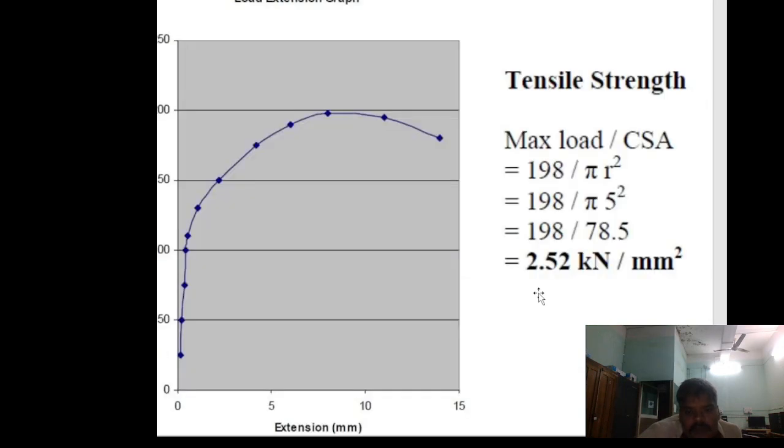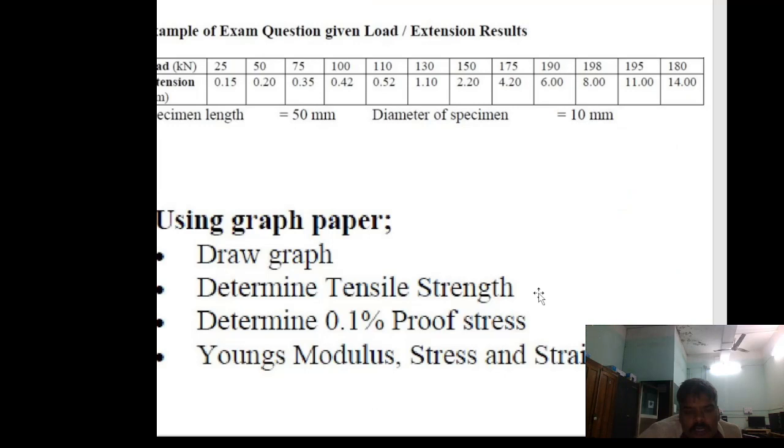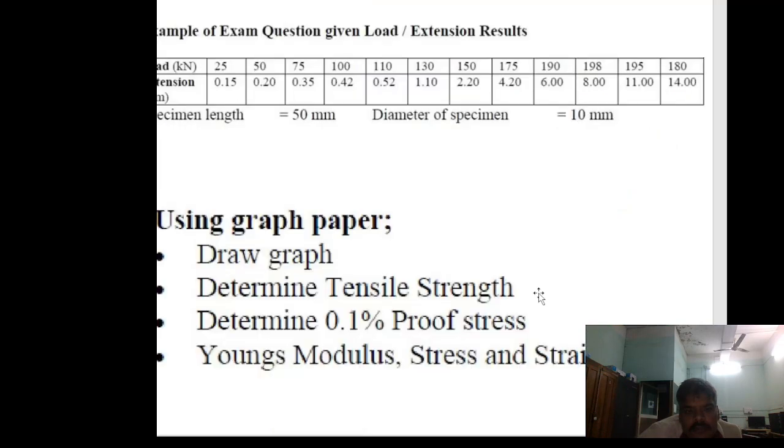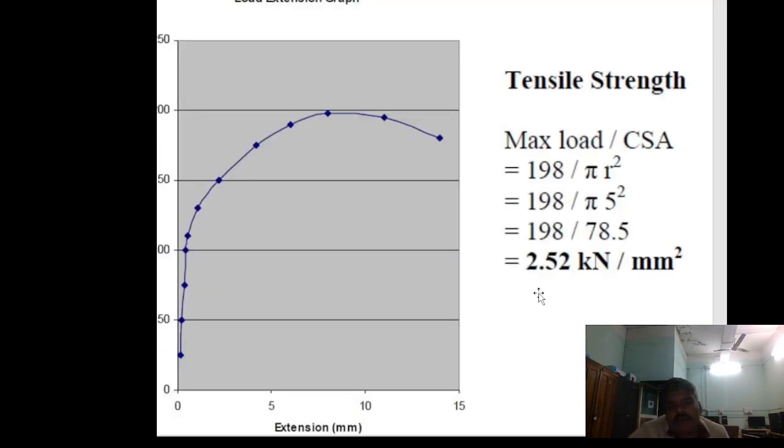So here is the solution. You can draw by using the data: if the load is 25, then our elongation is 0.15. So by using the data you can plot all the values on the graph paper, and by joining all the points you can draw the curve.